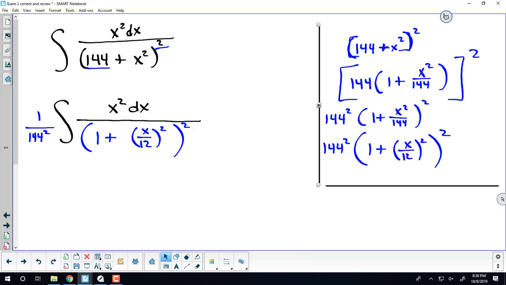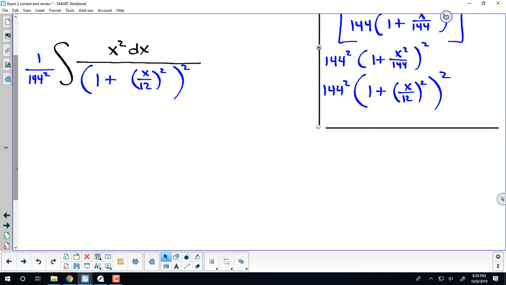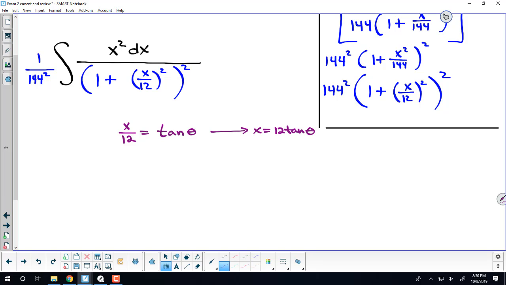All right, and so that's our pre-work. Then we use a trig substitution for x over 12. What's our trig sub here? Yeah, 1 plus tangent squared. Think of that as tangent theta. And this tells us x is 12 tangent theta.